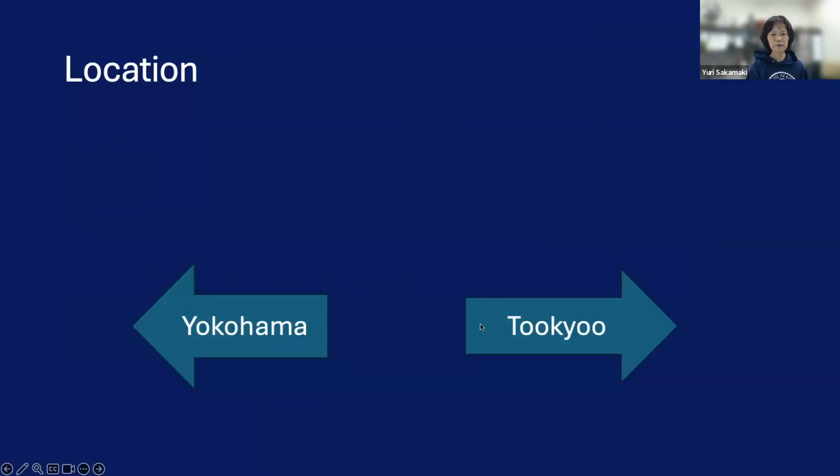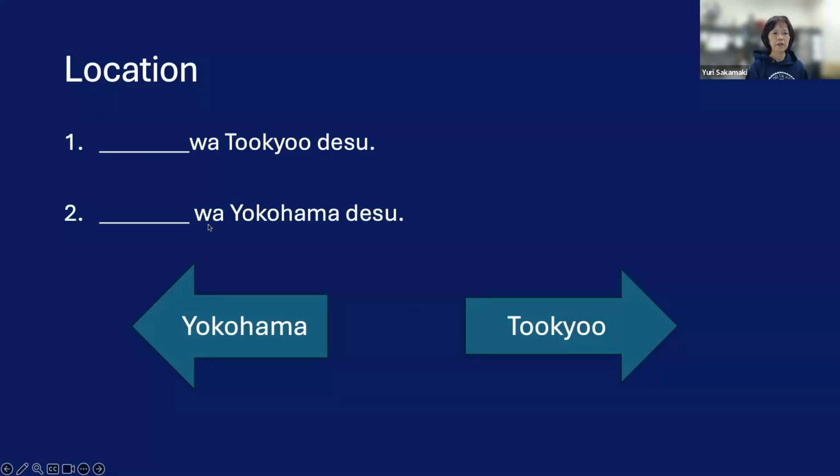So for example, if you go to the right, then you will go to Tokyo. If you go to the left, you will get to Yokohama. So something like that. What word would you put in this blank? And how about number 2? What word would you put in number 2 sentence? So I would put, because this is towards the right hand, 右. 右は東京です.